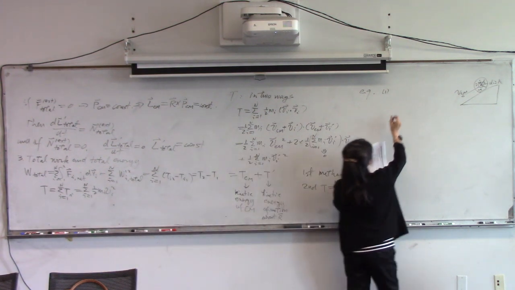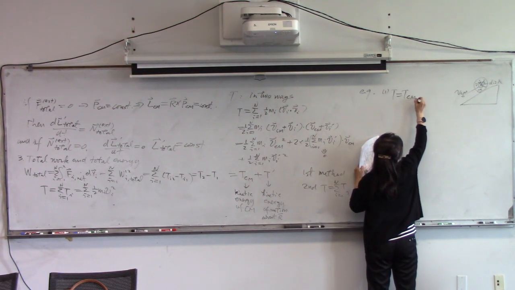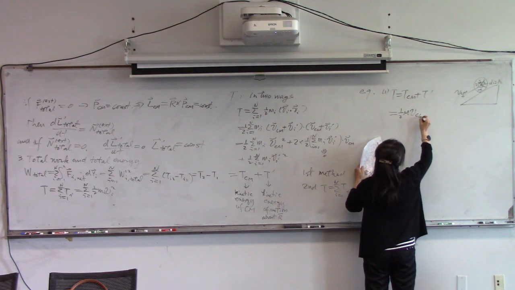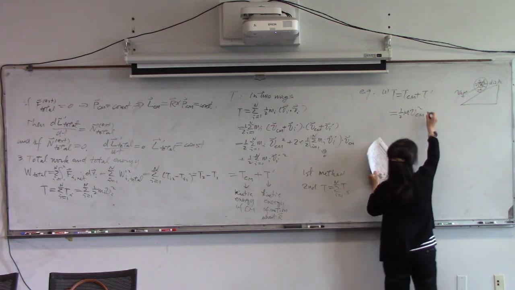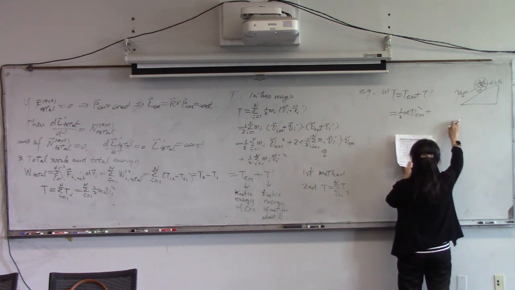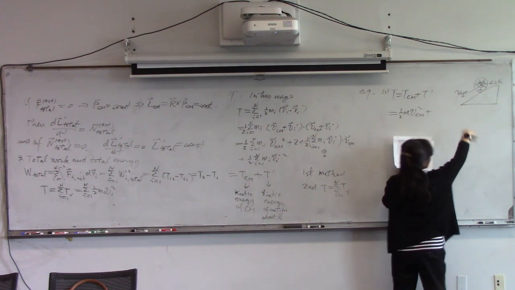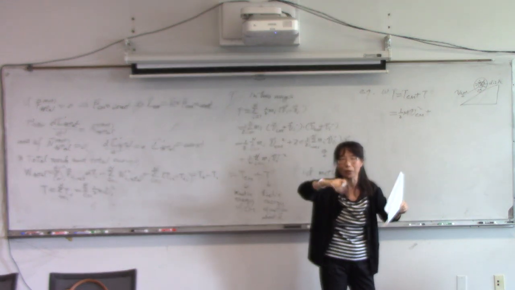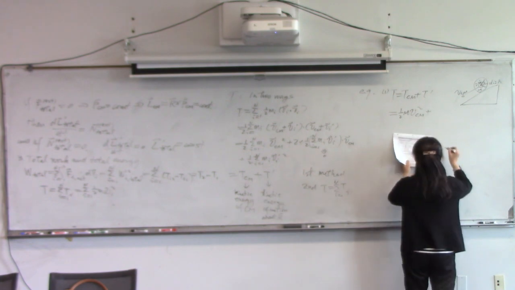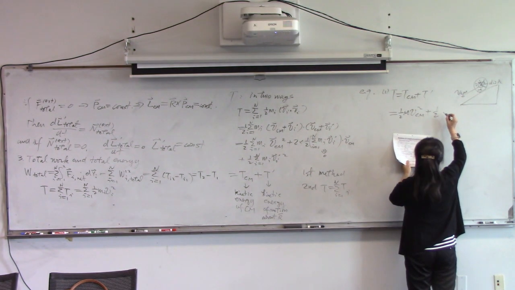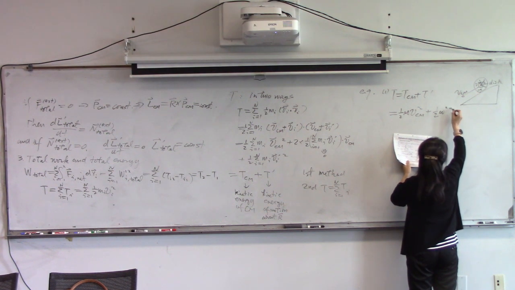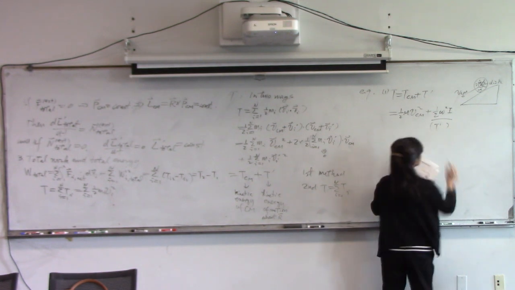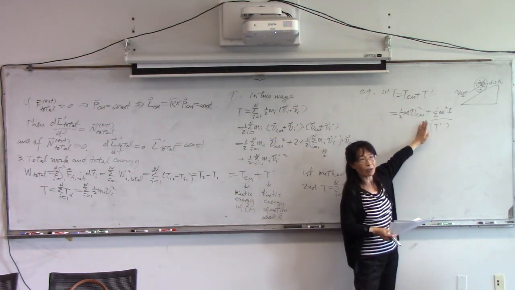I can write it easily in terms of these two parts: the center of mass part is simple, and the relative part is a rotation, so we have angular rotation kinetic energy. The details I will not write down here. It is half of the moment of inertia times omega squared.